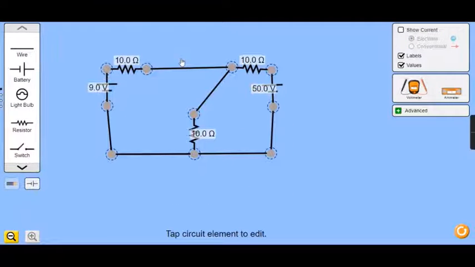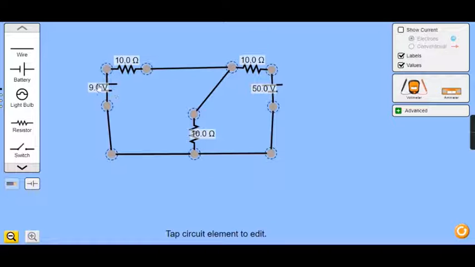This is your KVL demo, in which we have 2 RPS and 3 different resistances. Now this is one loop and this is your second loop. In this loop, this is your input supply and the voltage is going to drop across these 2 resistances, and in the other loop this supply voltage will drop across these 2 resistances.